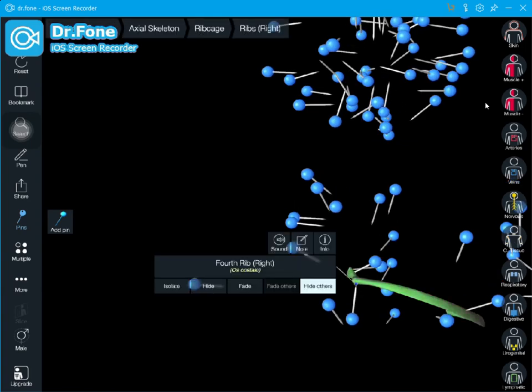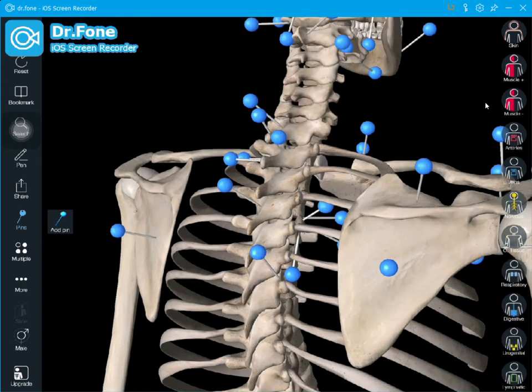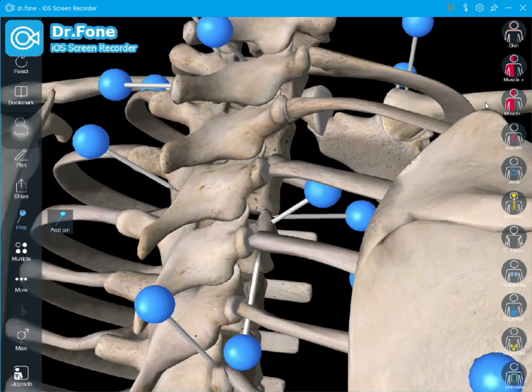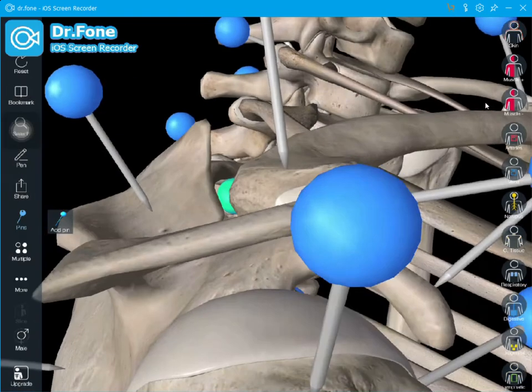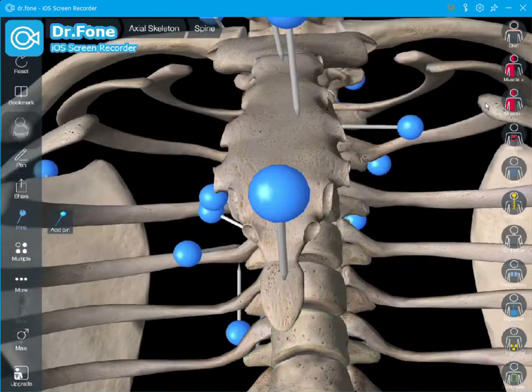Viewing the entire rib, the part that connects the head of your rib to your vertebra is the facet of the thoracic vertebra. The head of the rib binds to this facet of the thoracic vertebra.